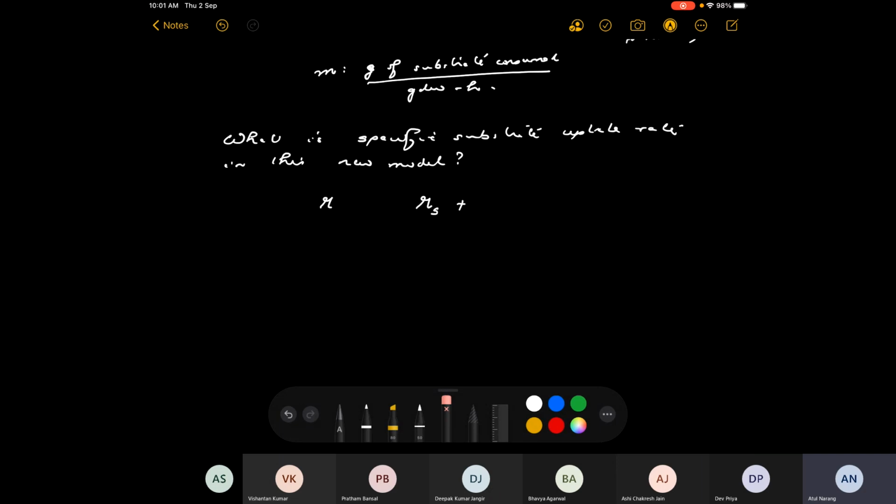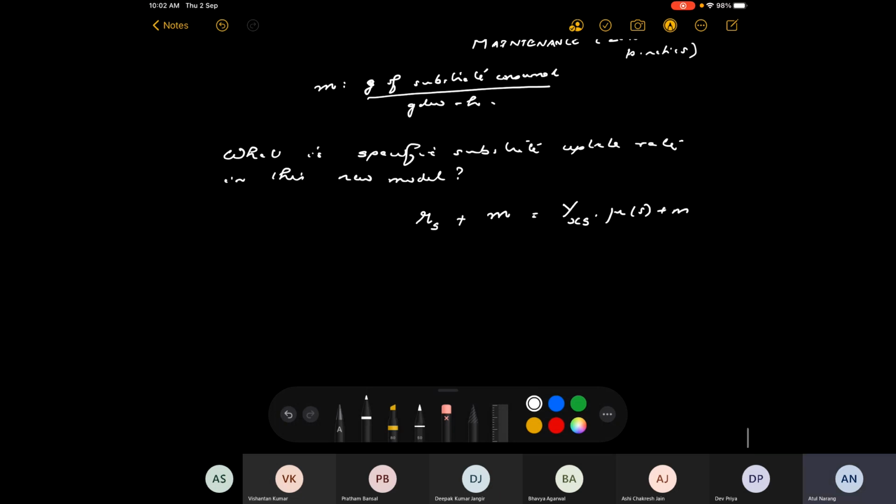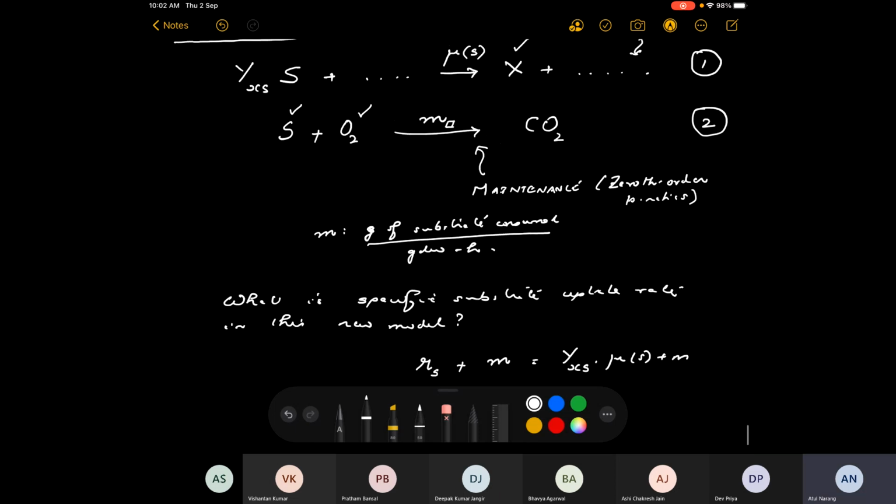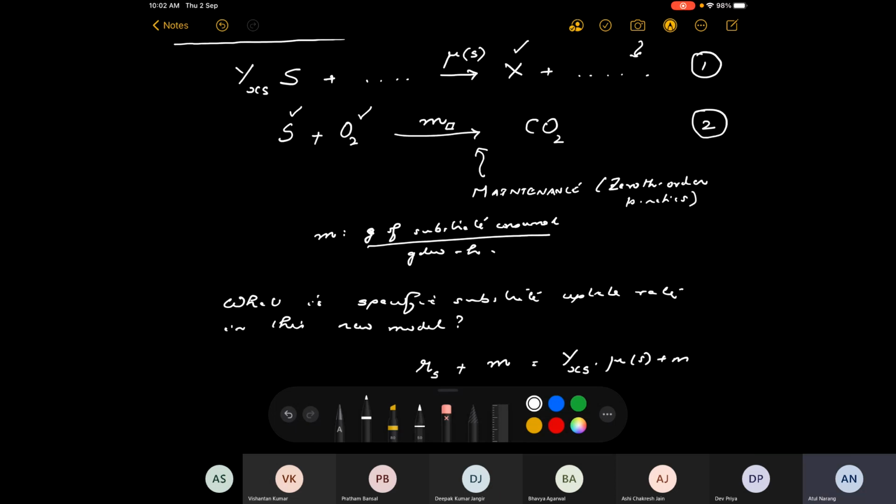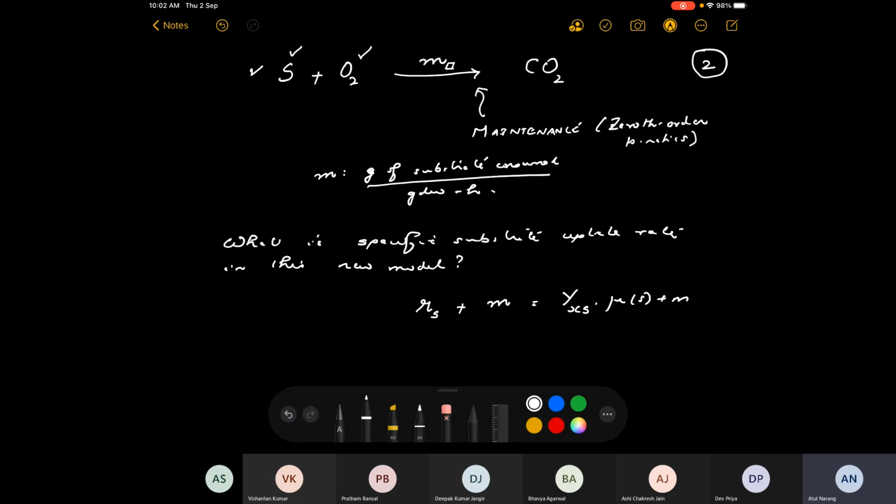So let's just keep it as RS, which we knew earlier, plus M, where this RS is equal to Y_XS times mu plus M. So essentially, I'm basically saying that the total substrate consumption is the substrate consumed for growth here, plus the substrate consumed over here for maintenance. That is all there is to it.